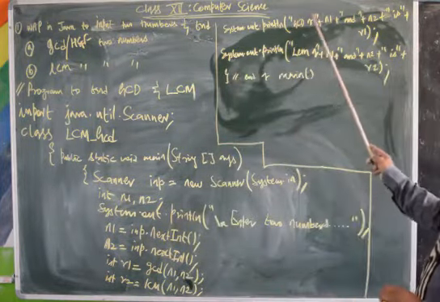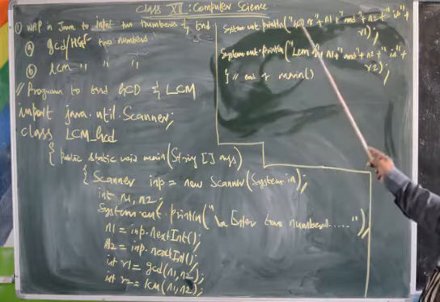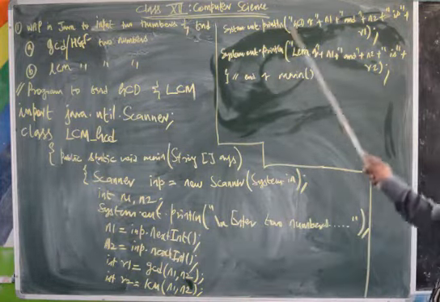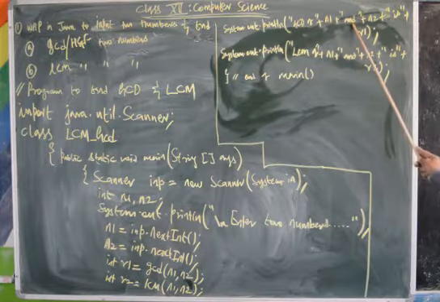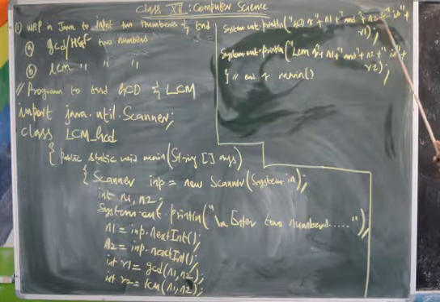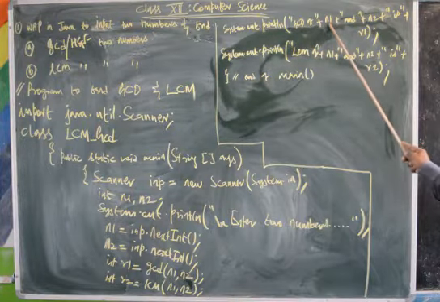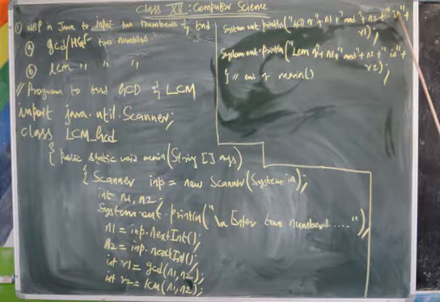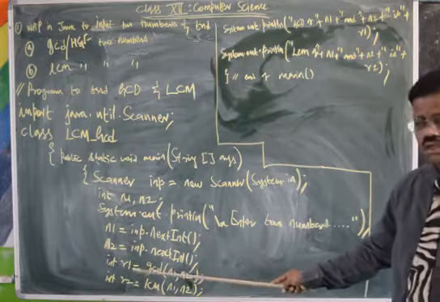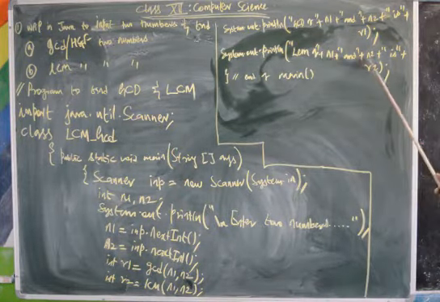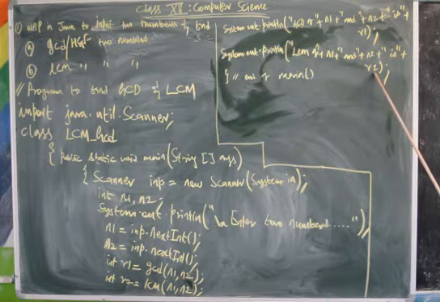Whatever has been given within double quotation marks will come as it is. GCD of N1, whatever you have given, will come, and N2 is. So the GCD of the first number and second number is R1. Similarly, LCM of N1 and N2 is R2.